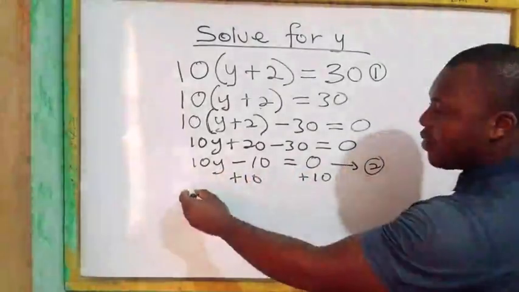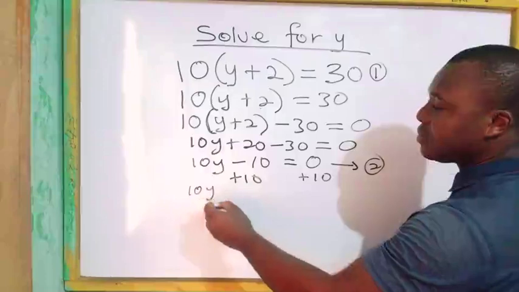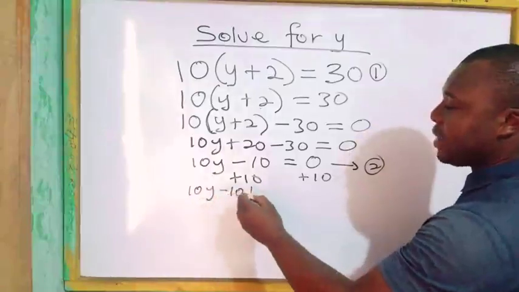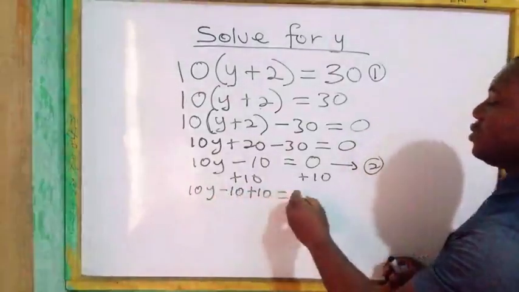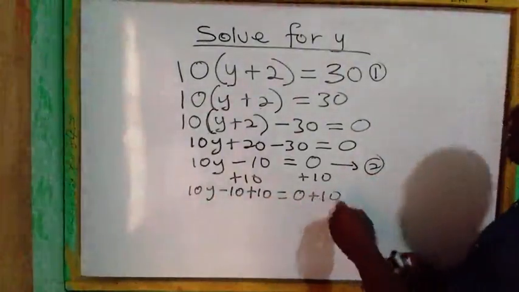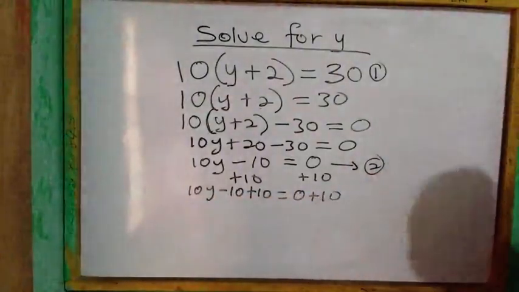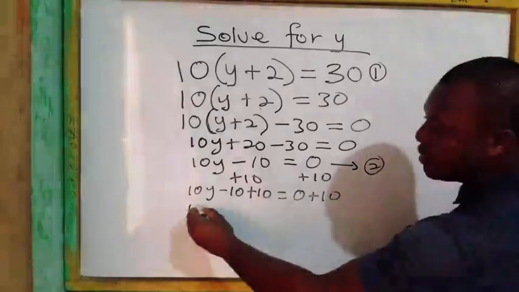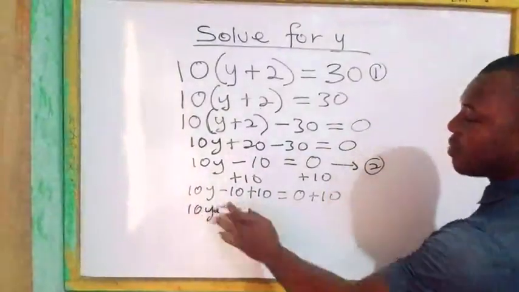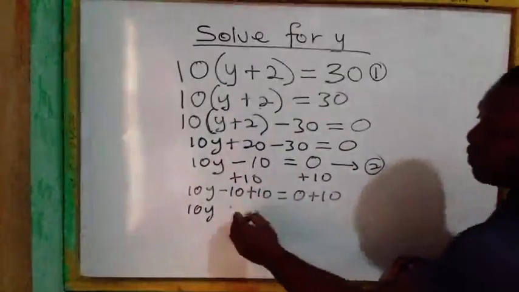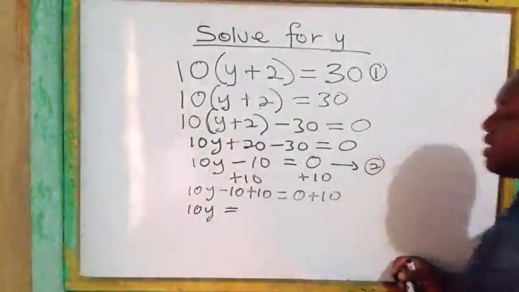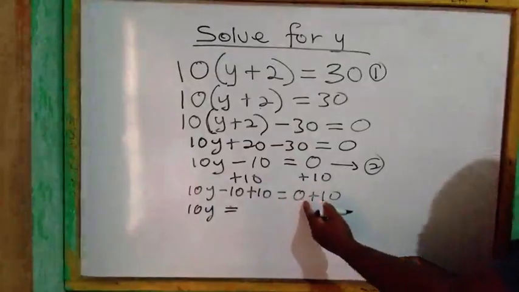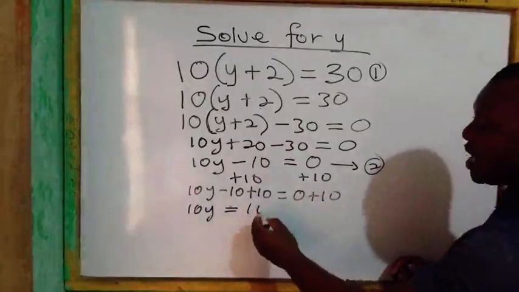So 10y minus 10 plus 10 will give you 0, so you don't state it. Then here we have 0 plus 10, which will give you 10.